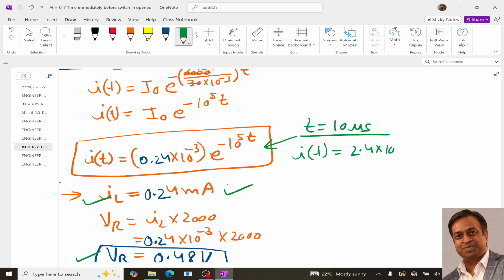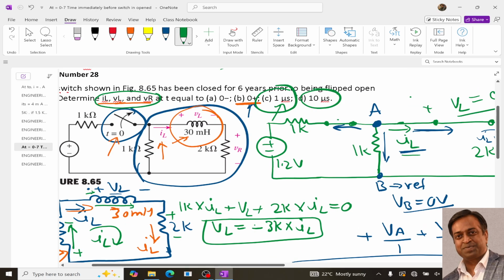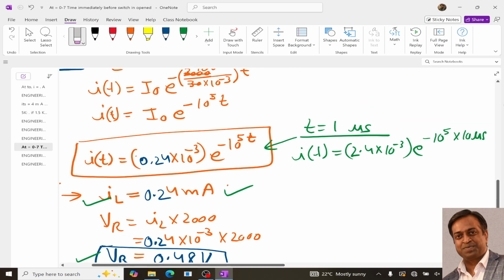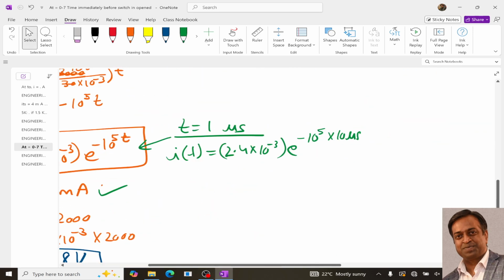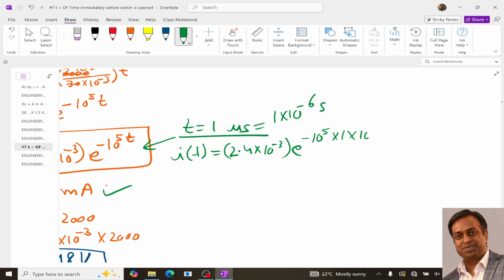First we need to determine for 1 microsecond, so it is 1 into 10 power minus 6 second.